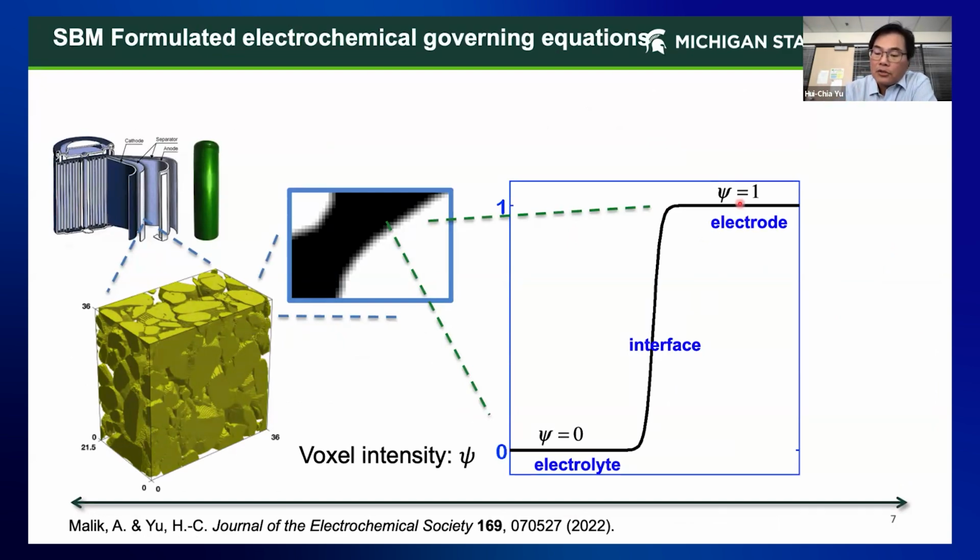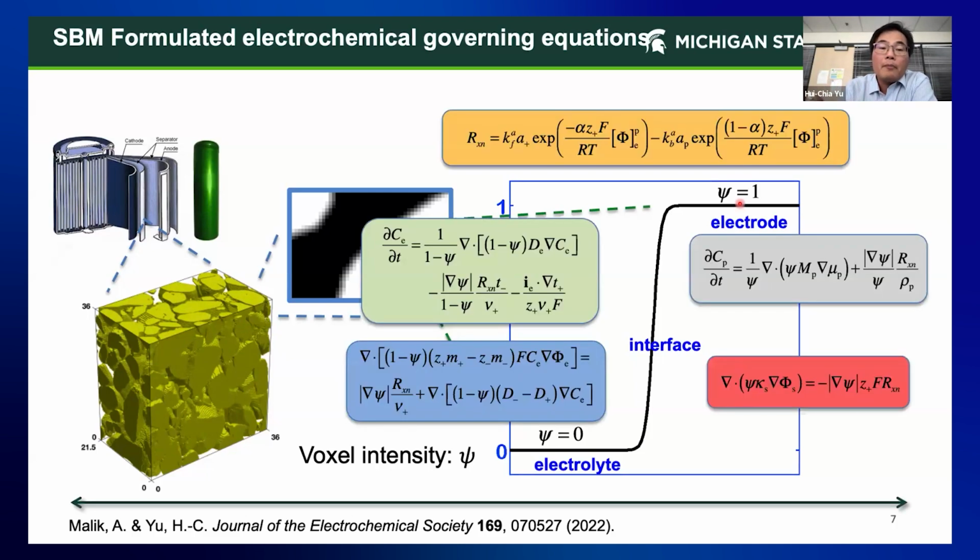Then you have this additional parameter, and you will be able to reformulate all those governing equations, now including the voxel intensity as an additional indicator. These are just mathematical identities from the previous classic equations, and when you solve this, you pretty much recover the solution from solving the original equations.